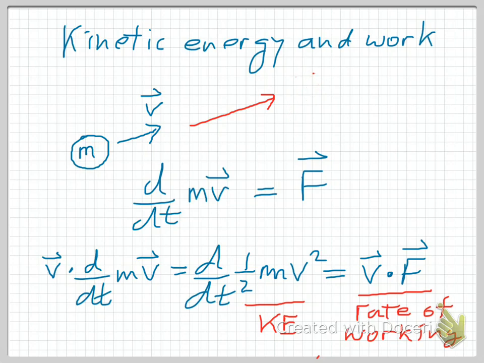Suppose instead of this force, we have now a force acting in the reverse direction, like this. Well, in that case, now the force is going to tend to decelerate the flow and reduce the kinetic energy, corresponding to the fact that the rate of working, the dot product of those two vectors, would now be negative.